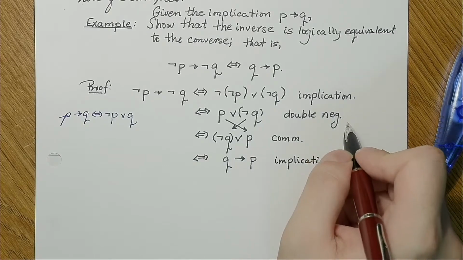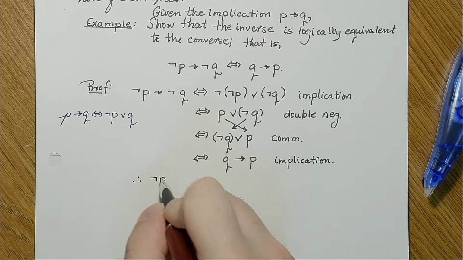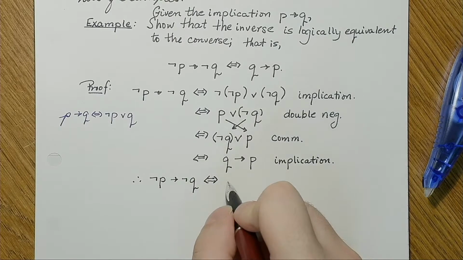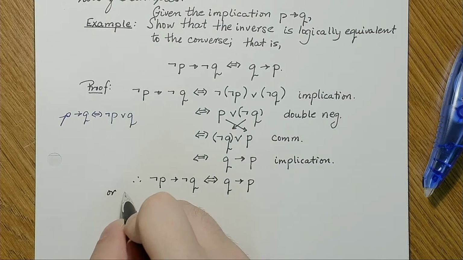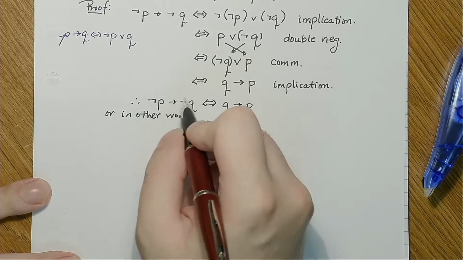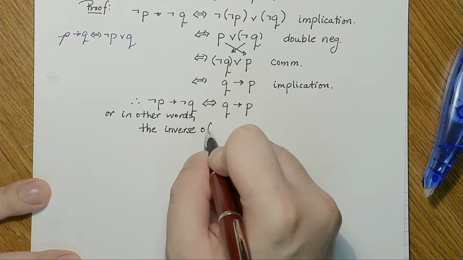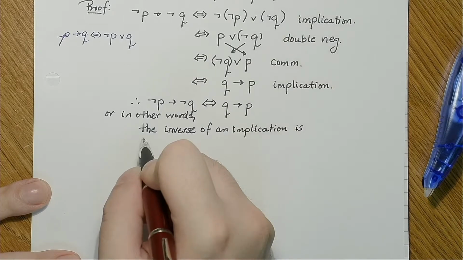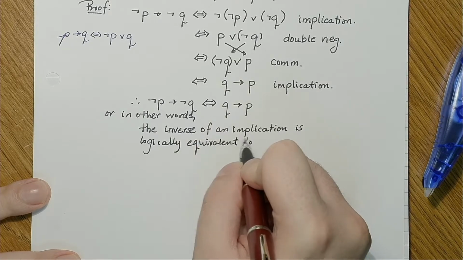So applying the implication, the double negation, the commutativity, and the implication rule again, what I've shown is that not P implies not Q is logically equivalent to Q implies P. In other words, the inverse of an implication is logically equivalent to its converse.